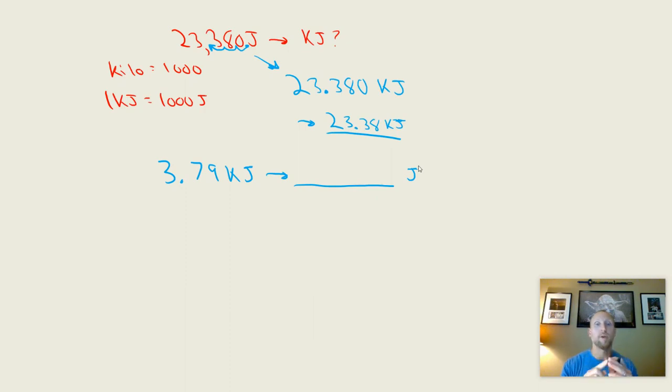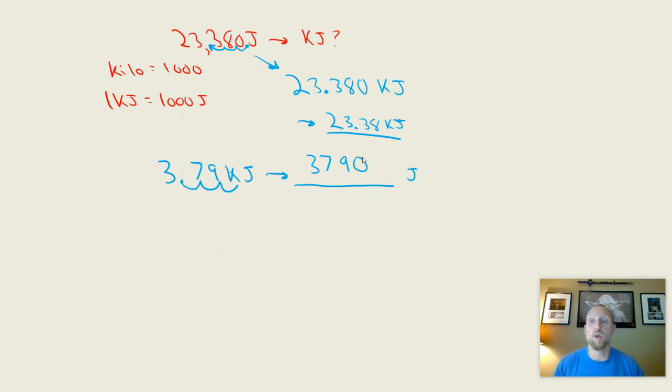So I want to move 3 decimal places in the direction that's going to make the value bigger because there's going to be more of them. I'm going from a bigger unit to a smaller unit, so now I'm going to have more of them. So 1, 2, 3. That becomes 3,790 joules.